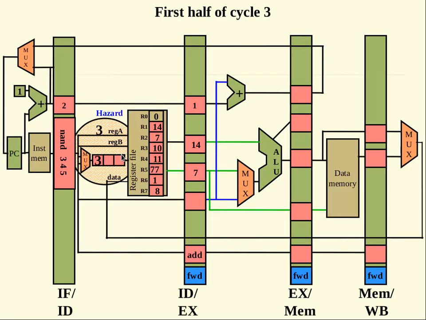So add 1, 2, 3 went through, so you stored the 3 because that's the register you're writing to. And then in the IFID register, you saw that the NAND has 3, 4, 5, and you saw the 3's there and the 3's there, so there's going to be a hazard. Correct. But since we're doing data forwarding, and this isn't a hazard based on a load word, you are able to fix it.